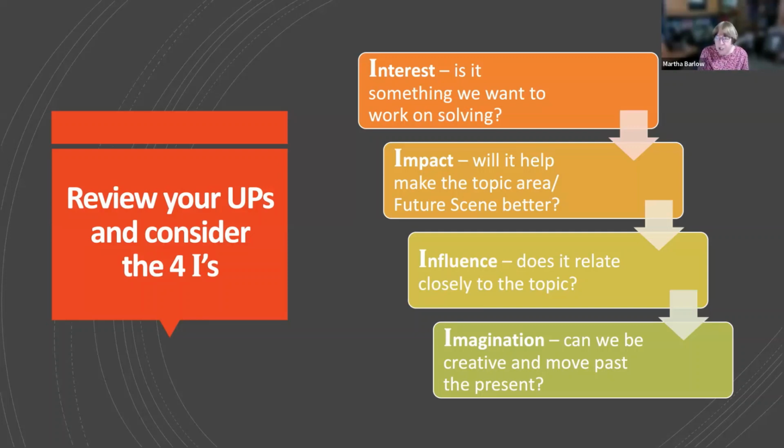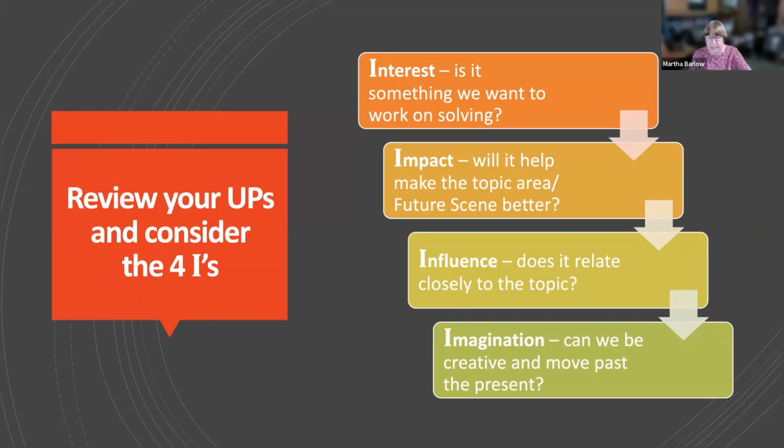It was a potential consequence. But if that's what you wrote your underlying problem about, the impact on the future scene is not going to be very big. So ask, what's the impact? If we do this, is it really going to help make the future scene better, or anything in the topic area that we've been researching?